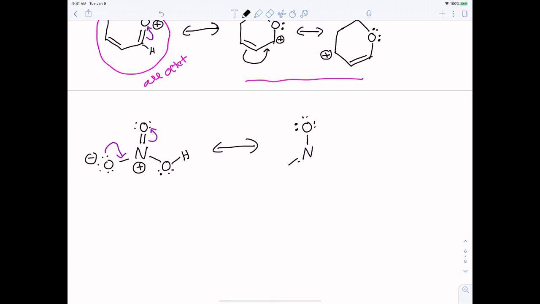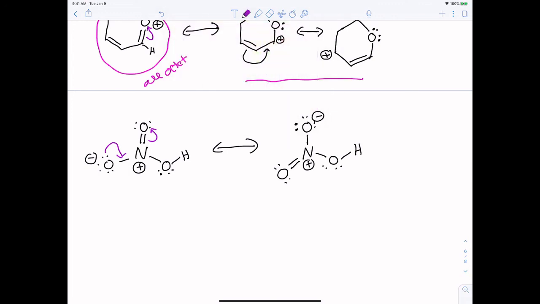I have a double bond over here with 2 lone pairs, right? Because one of those non-bonding pairs became those pi electrons, and then between the nitrogen and the oxygen on top, the pi electrons moved and became the lone pair. And then this side, I didn't do anything with. Nitrogen still has a positive charge, and then oxygen has a negative charge.